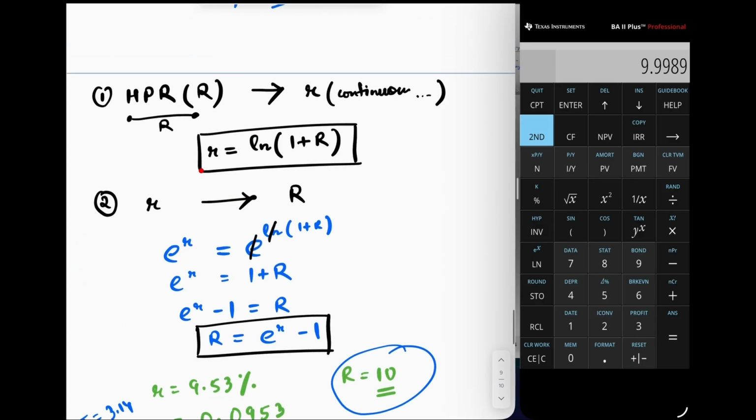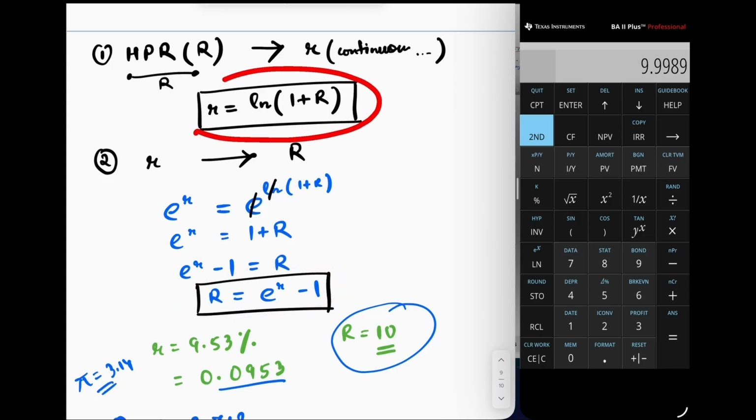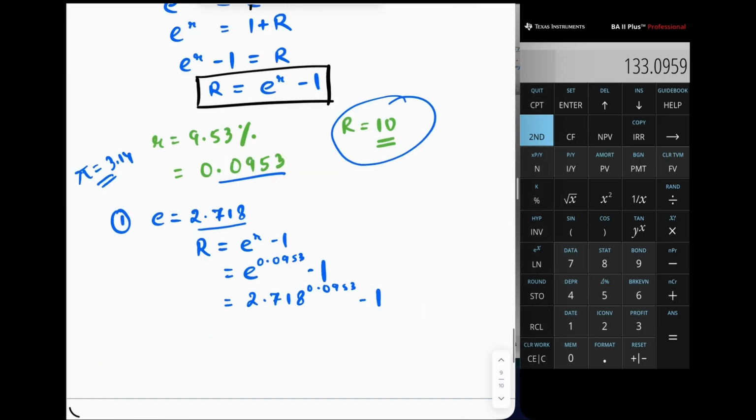If you remember just this formula, you can remember this one as well. You need not remember this one as much. If you just know the concept that e and log are inverse of each other, then you can plug in this formula and derive this one as well. So I encourage you to learn this formula and practice with your financial calculator. Hope till this point everything is very clear.